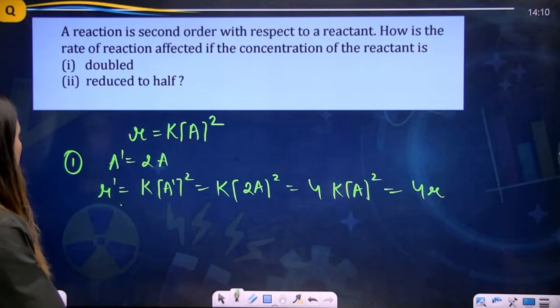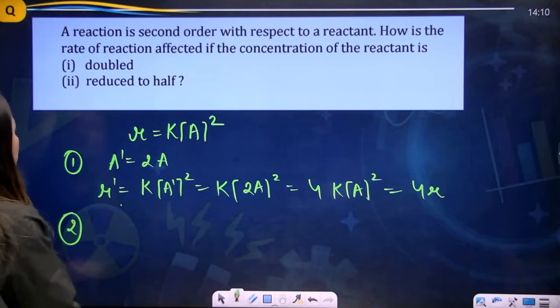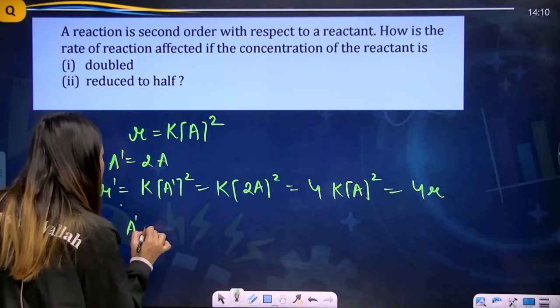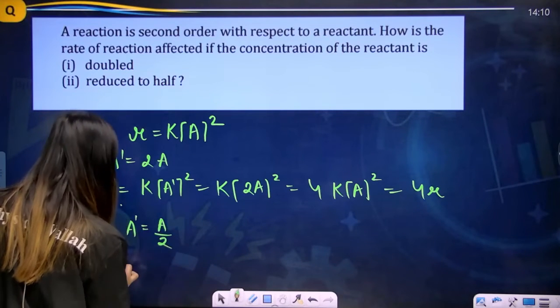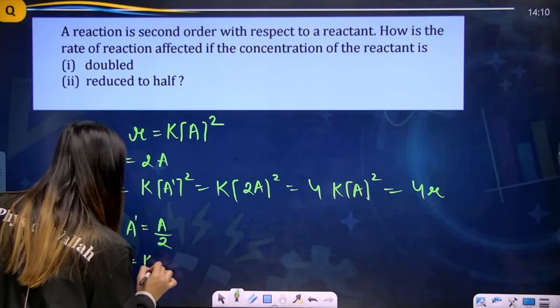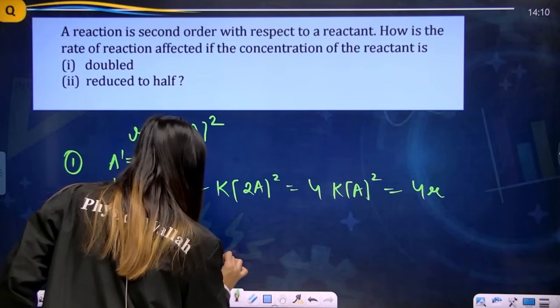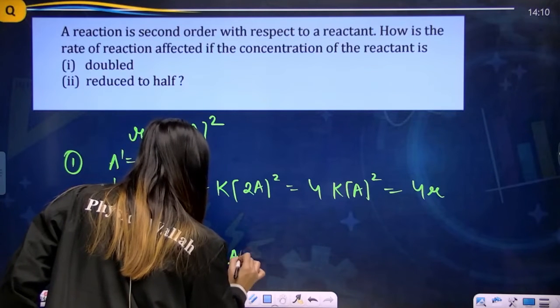Let's talk about the second part, where the concentration is reduced to half. Now, my dear students, your A dash concentration is A by 2. So your R dash would be equal to k into A dash whole square, so k into A by 2 whole square.